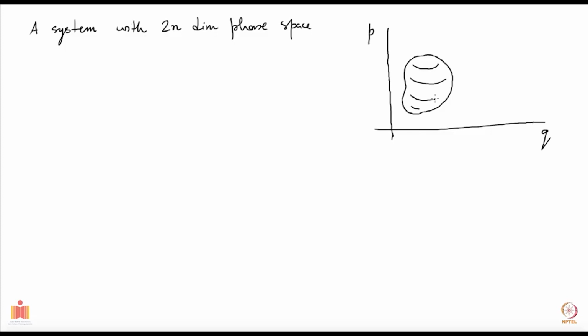Right now I'm not trying to make any connection with systems or whatever. Each point corresponds to one system, but forget about how many systems there are and all these questions. Just look at this as a geometrical problem.